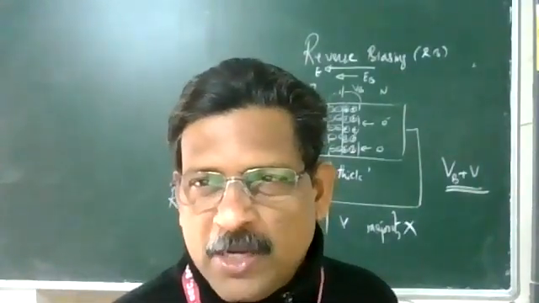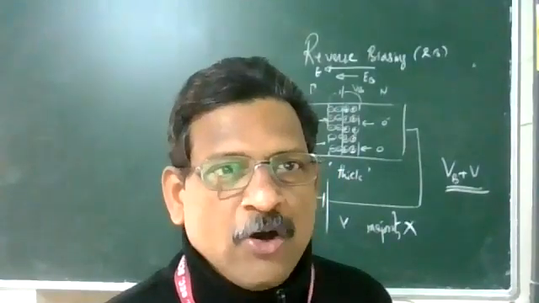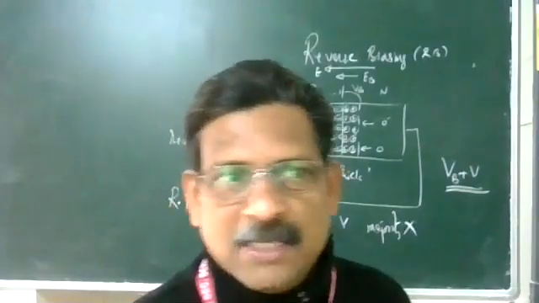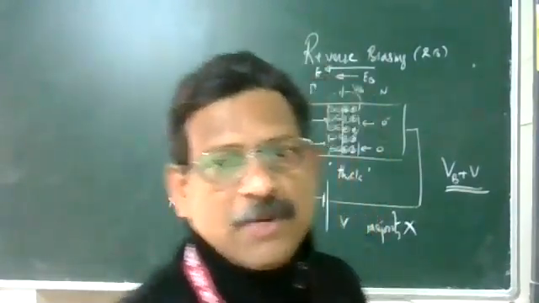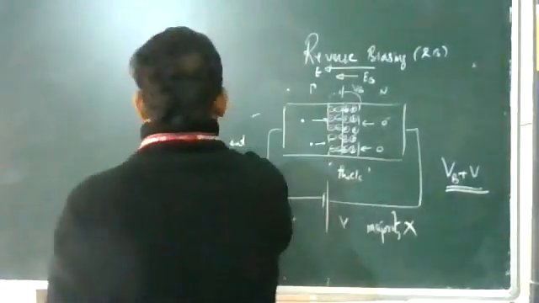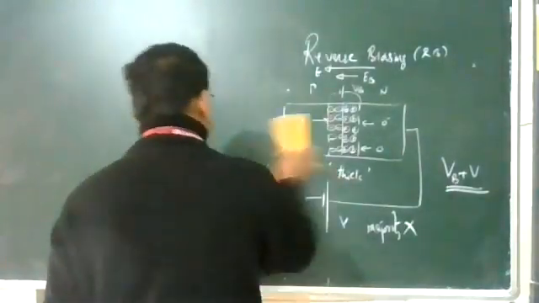The next very important point is the characteristics of the PN junction diode. You have to plot this graph for your practical exam. We will do this in the practice experiment. So next is characteristics of PN junction.